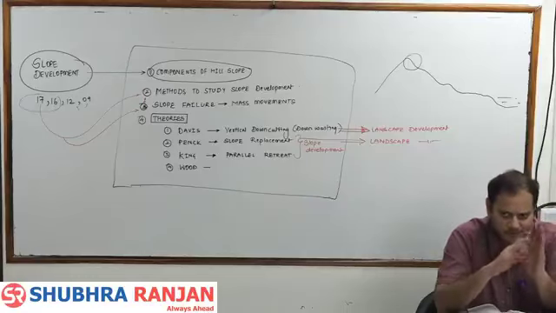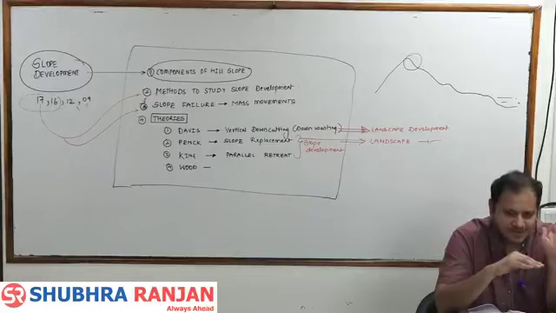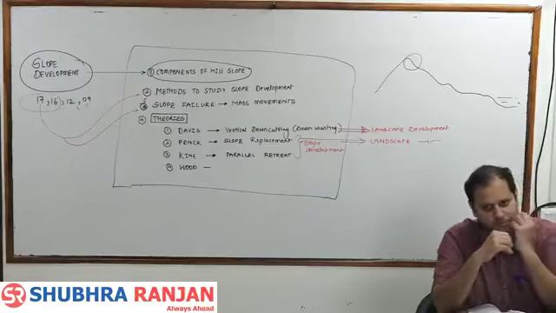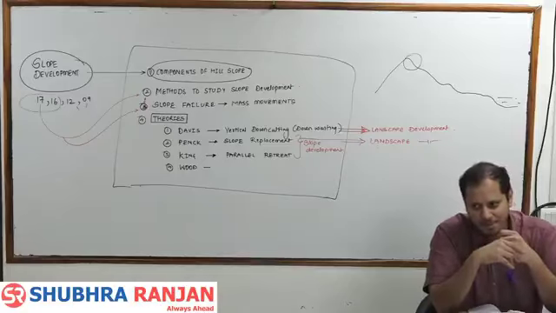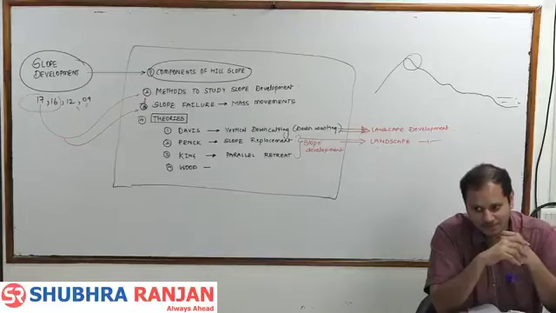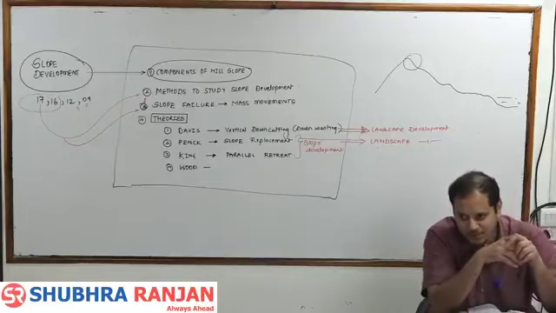I guess you know what is a slope. Anything which is at an angle at a greater height is slope. So major portion of the Earth's landform consists of slopes. Is it true or false? Is it true in the case of India? Major portion of India's landform is made up of slopes.